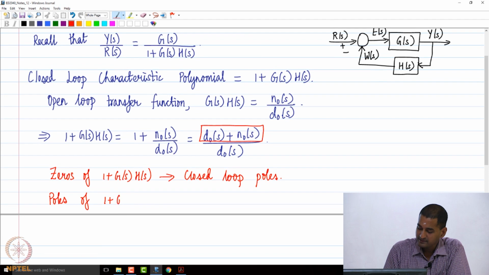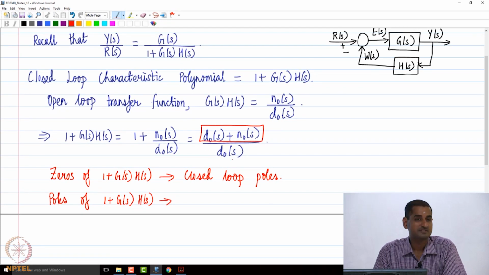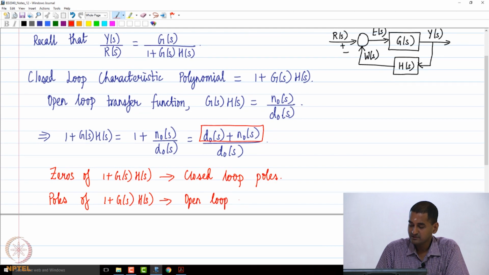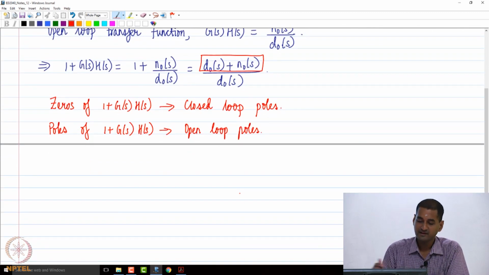Why? Because if you look at the denominator of the polynomial 1 plus G of s H of s, it is D of s, which is nothing but the denominator polynomial of the open loop transfer function. So the poles of 1 plus G of s H of s are going to be the open loop poles.